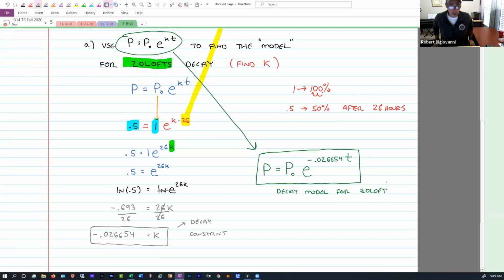So that means we have found the master formula that we can now use to answer any question. If anyone asks us, if you take some Zoloft, how long is it going to take for it to go away? We can answer anything just based off of this equation. Any questions on this? This is just the setup.